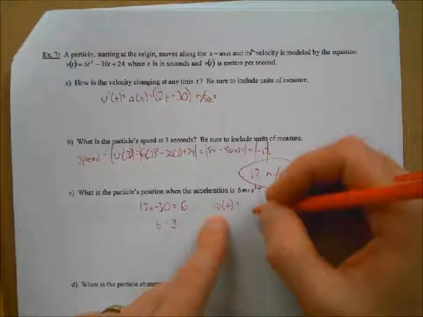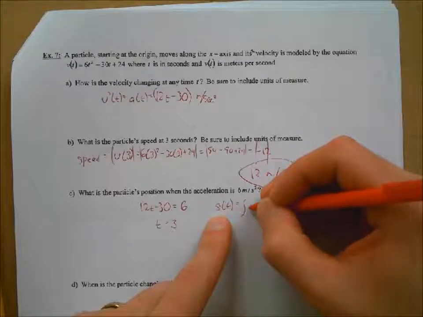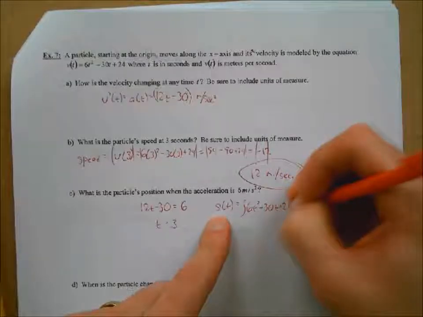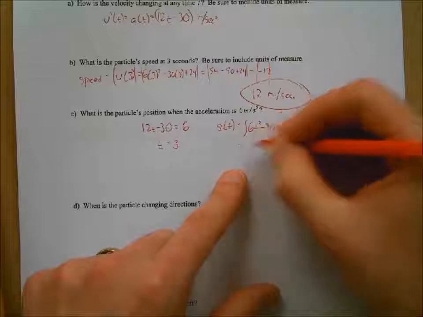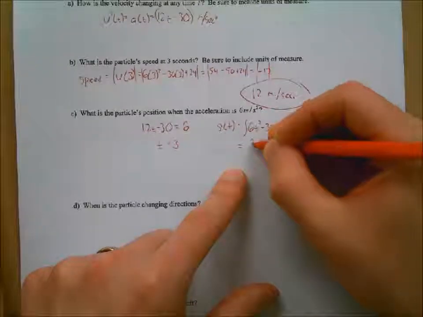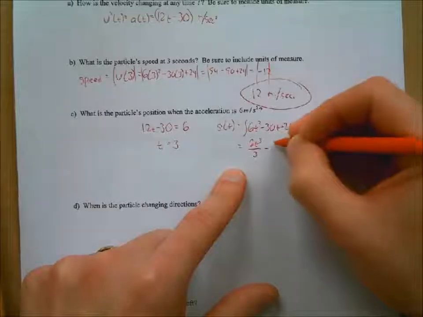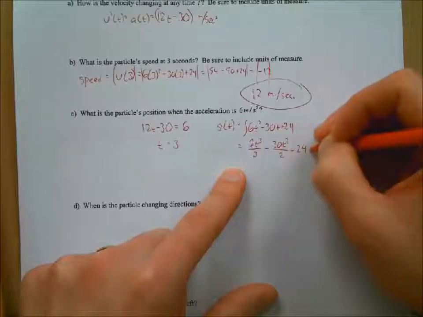I'll use s of t, which equals the integral of 6t squared minus 30t plus 24, dt. Integrating, that's going to be 6t cubed over 3 minus 30t squared over 2 plus 24t plus c.